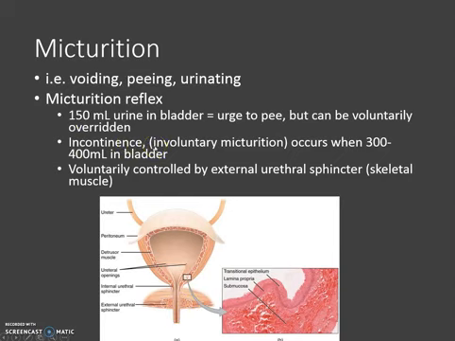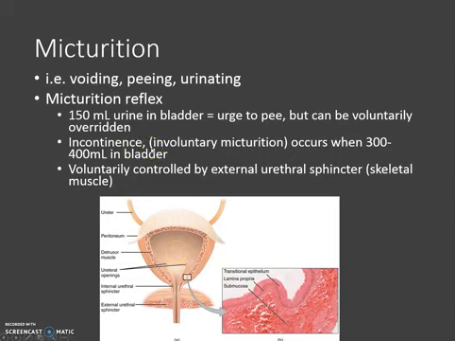But as we get older, especially elderly people may start to experience incontinence again because their skeletal muscles stop working as well as they should, and the external urethral sphincter doesn't work as well as it should in order to hold the urine in the bladder.